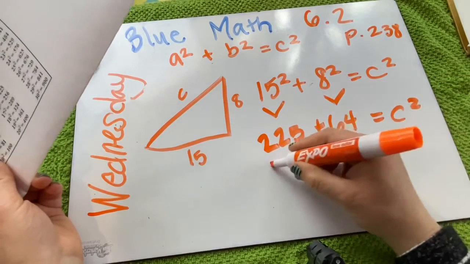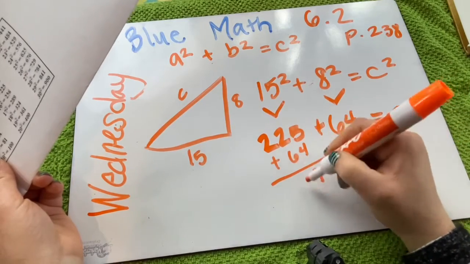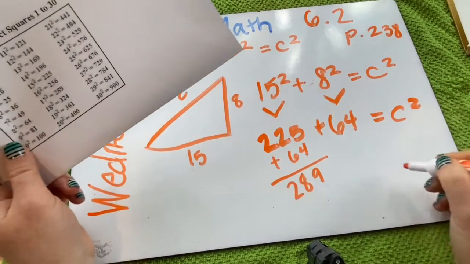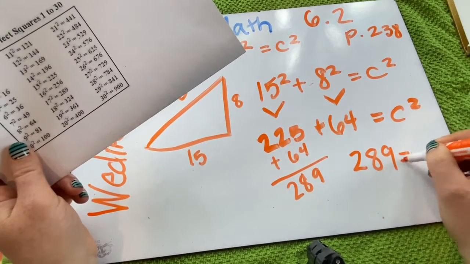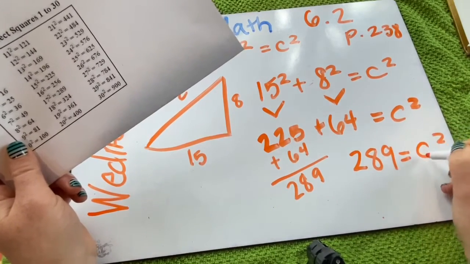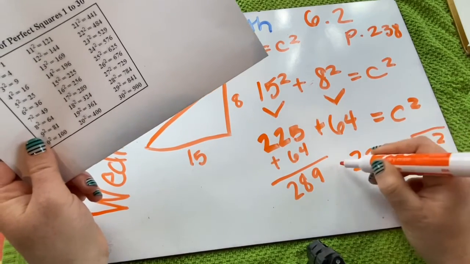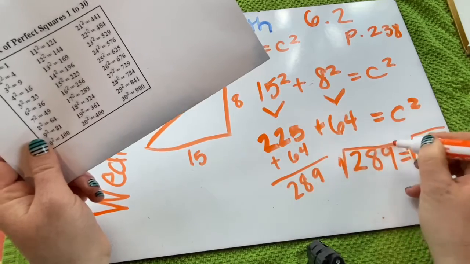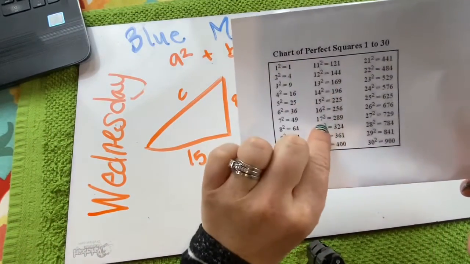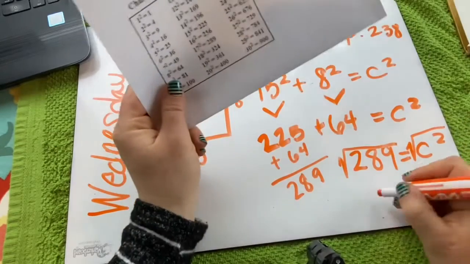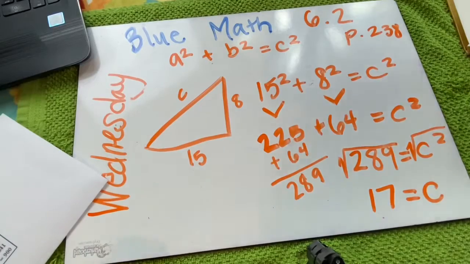Okay, so I'm going to add 64 here, which is 289. Okay, so now I have 289 equals c squared. Now the way to get rid of that square root is to do the square root on each side. So I'm going to go look. 289 is 17. So 17 equals c. Does that make sense?